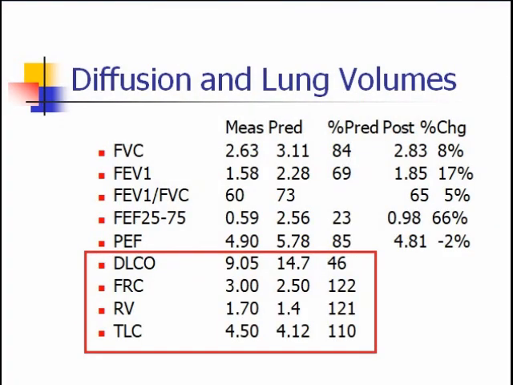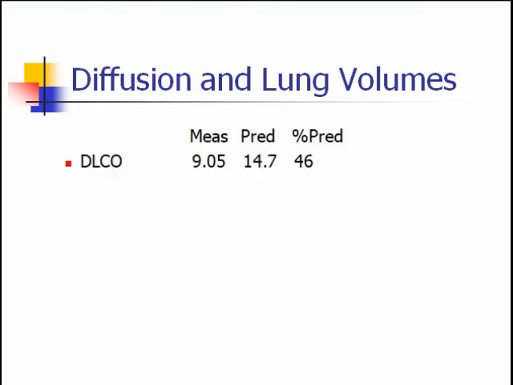So let's now move to the last section, which includes the diffusion and lung volume measurements. The first one we're going to look at is diffusion. Is the 46% of predicted in the DLCO a significant indicator of a diffusion problem or not?